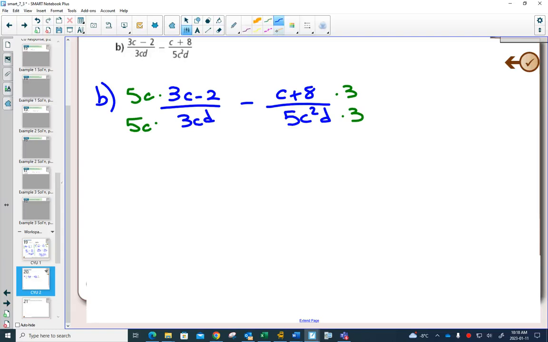Again, this adding groups this together. This subtracting groups that together. And you're going to need to distribute when you multiply, because that 3 gets multiplied to both things. The 5c gets multiplied to both things. So we have succeeded in getting our common denominator.